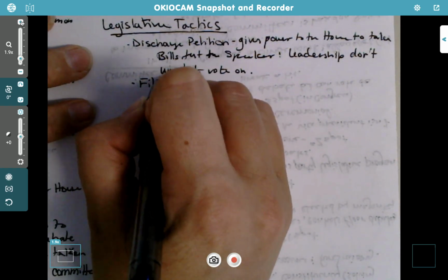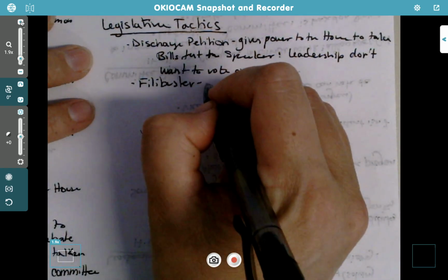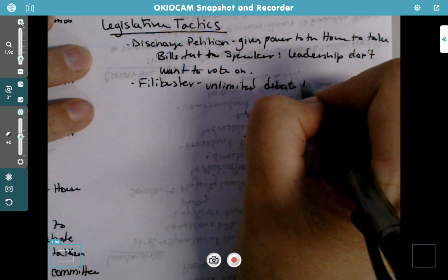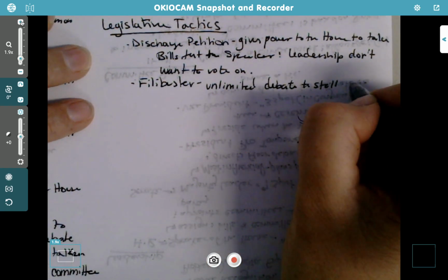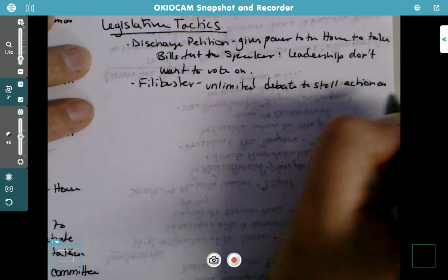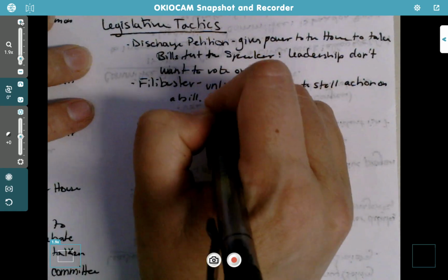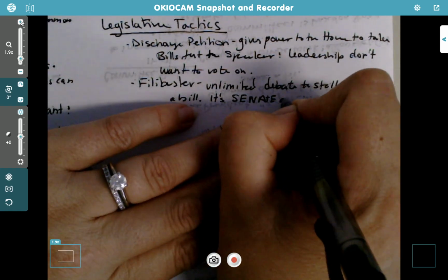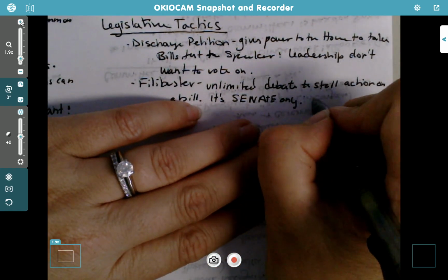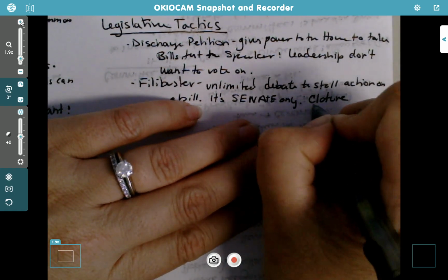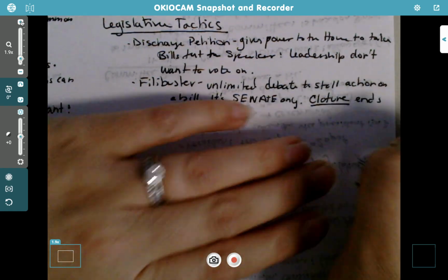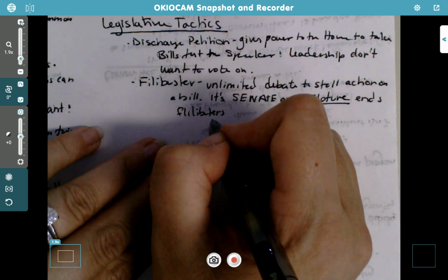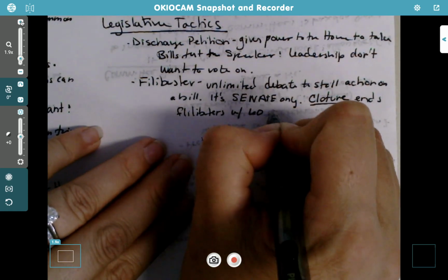Filibuster. Unlimited debate to stall action on a bill. It's Senate only. Okay, period. Cloture ends filibusters with 60 signatures.